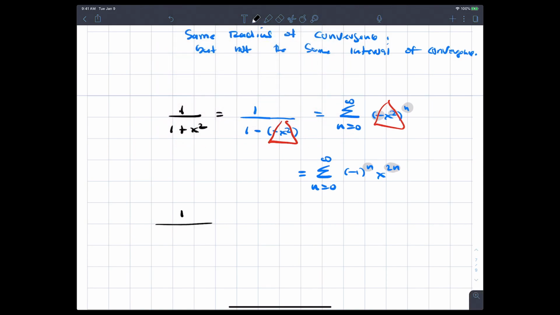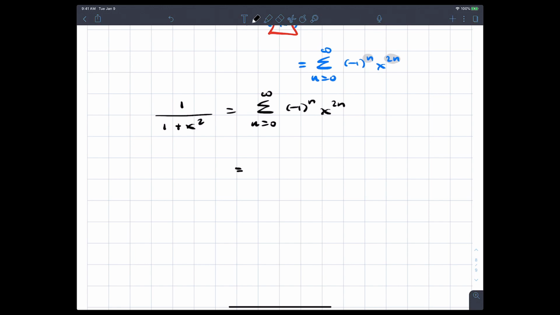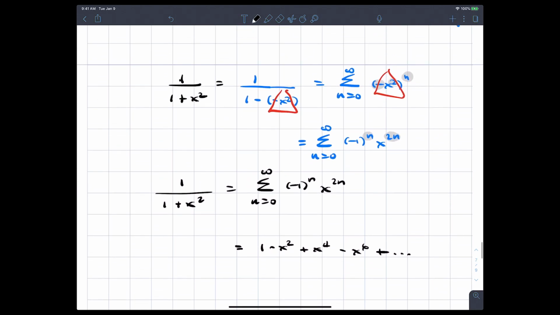So 1 over 1 plus x squared looks like this. And if you looked at the details, you might say, oh, is that going to be 1 minus x squared plus x to the 4th minus x to the 6th and so on, and it's alternating? Yes. We can find that interval of convergence.